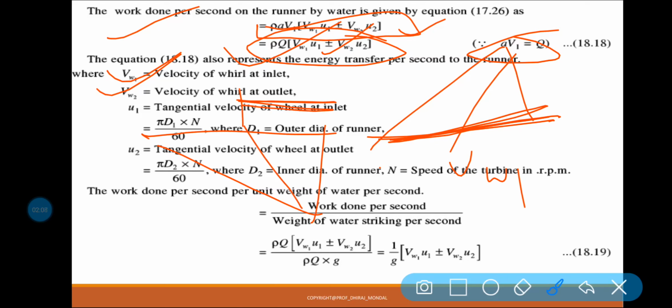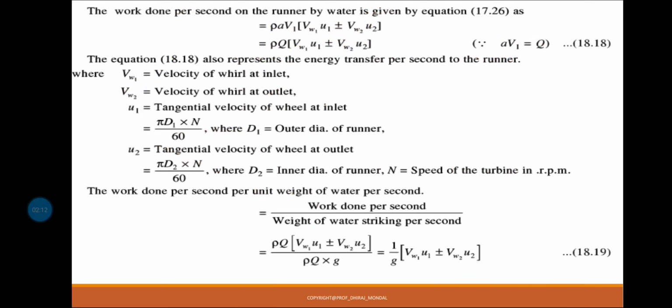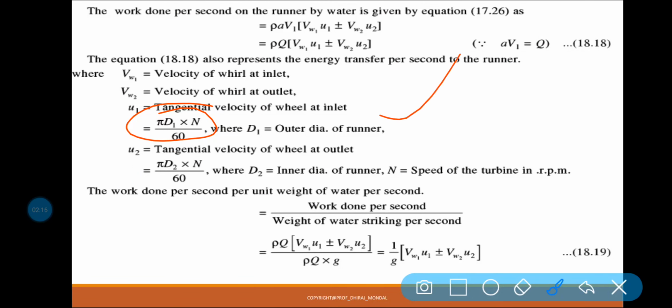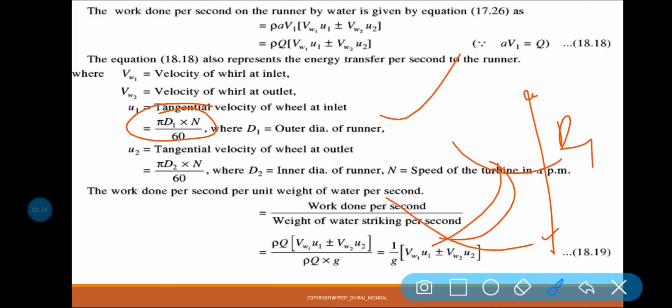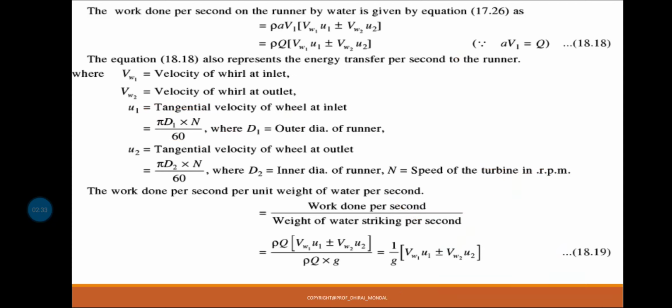Now U1 is equal to pi D1 N by 60, where D1 is the diameter of the wheel at inlet. This is r1, from the center point up to here, and this is r2. So you can find D1 if you know the radius. Similarly U2 is pi D2 N by 60.